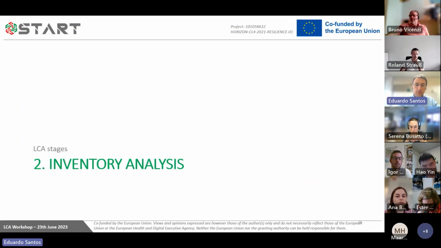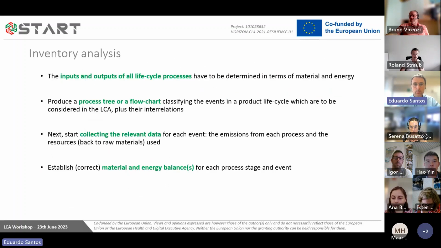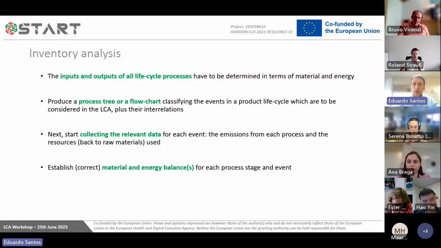So the first stage is goal and scope definition. The second stage is inventory analysis. The inventory analysis is the most time-consuming stage. It involves basically accounting for all of the inputs and outputs of the processes. We have to design the process tree or the flow chart for all of the processes and the interconnections between them.